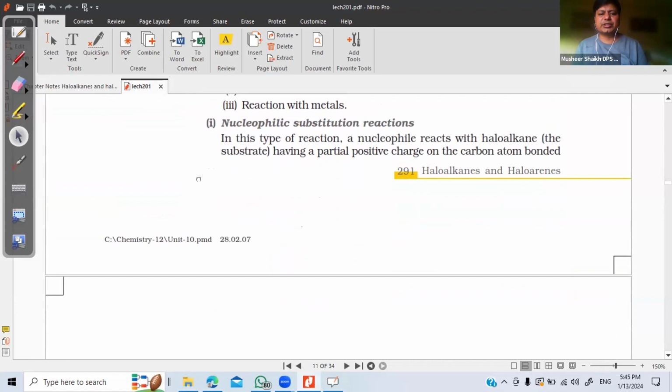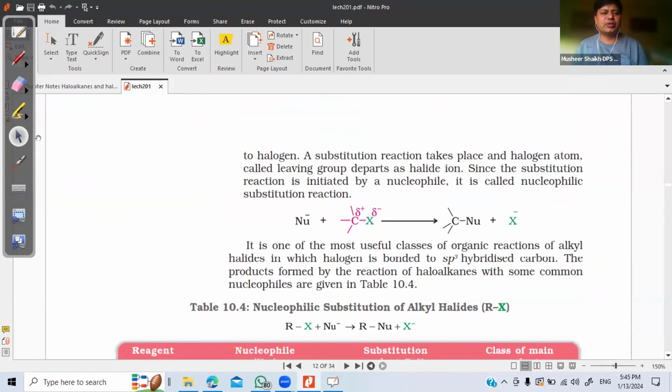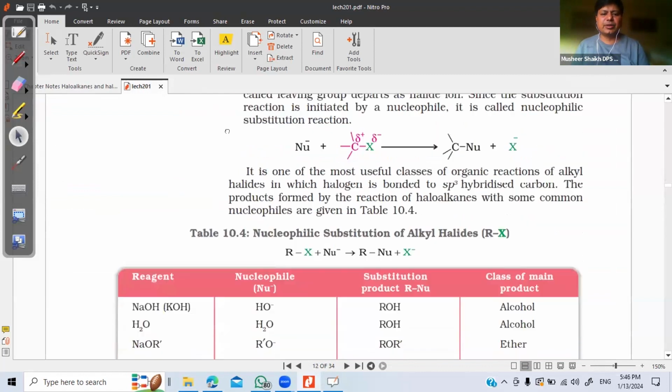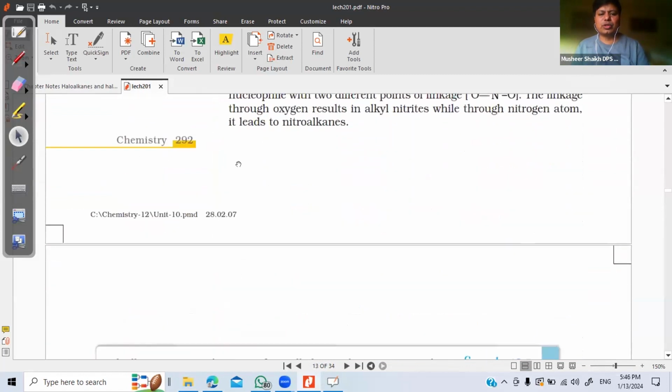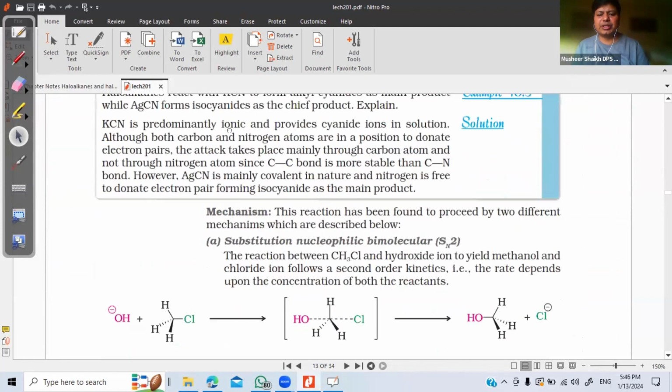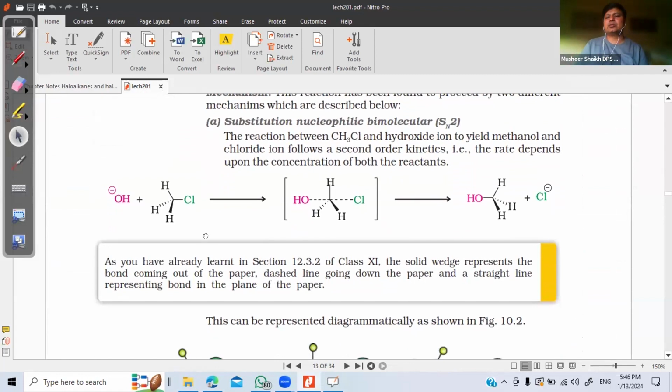Nucleophilic substitution reactions, SN1 and SN2. Guys, you have to really understand the SN1 and SN2 mechanisms, because almost all the chemical reactions in organic chemistry depend on these two mechanisms. This is one of the basic fundamentals of any mechanism.